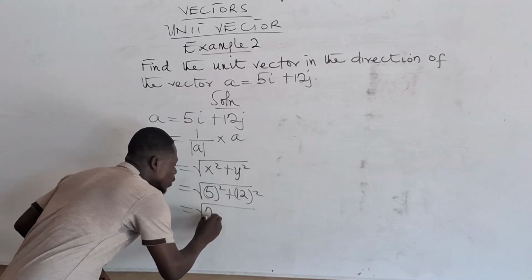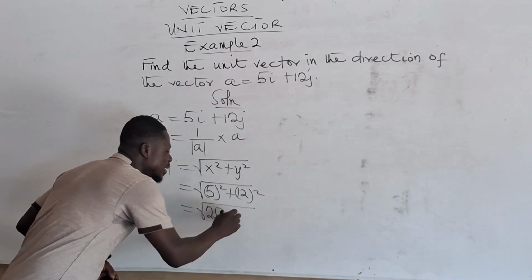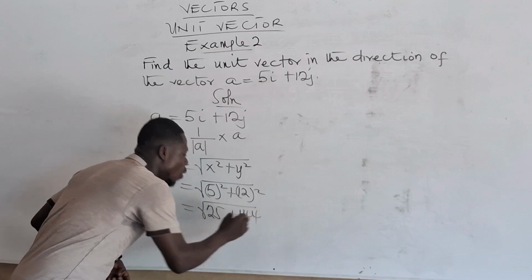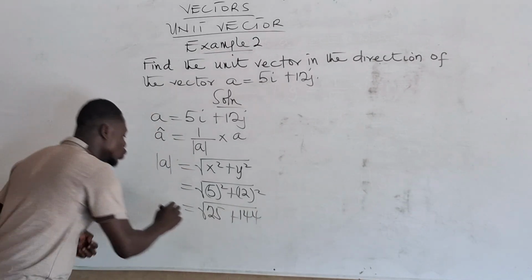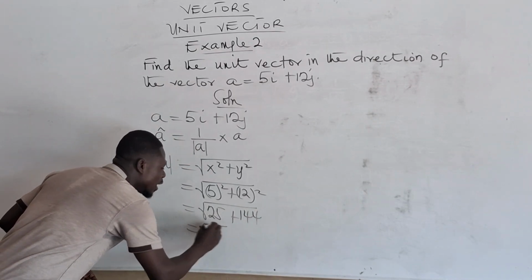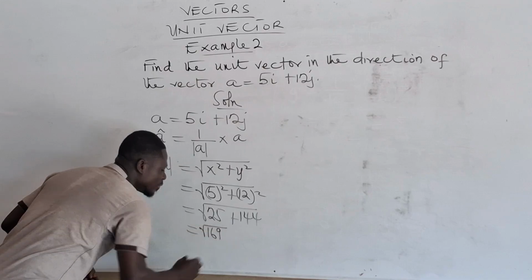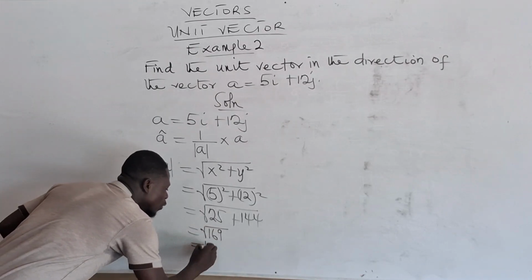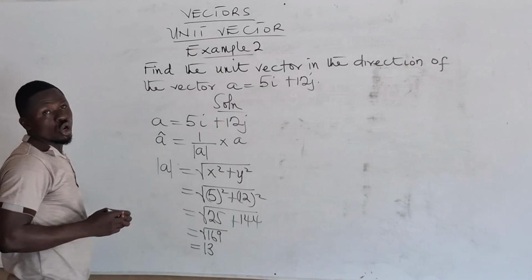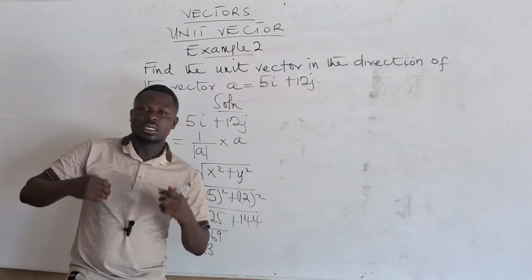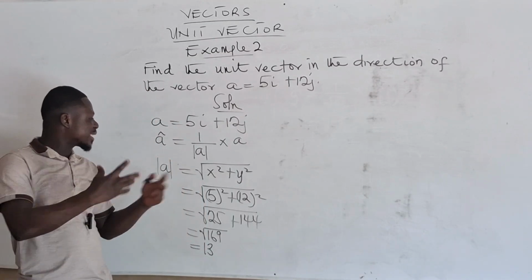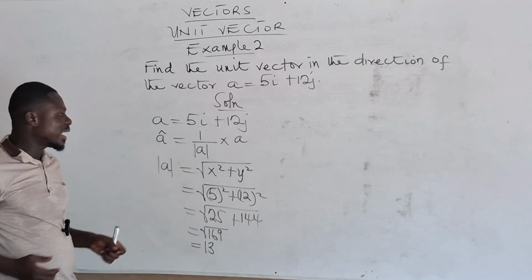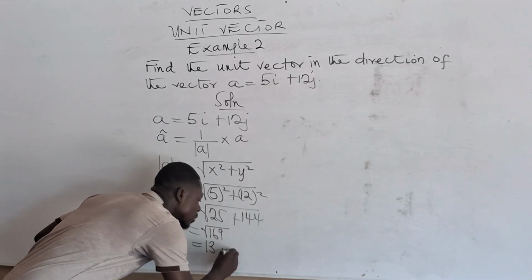Squaring 5 will give us 25. Squaring 12 will give us 144. Adding the 2 will give us the square root of 169. And the square root of 169 is 13. So we have gotten the magnitude of the vector A as 13 units.